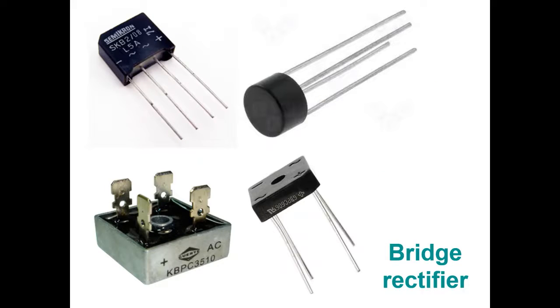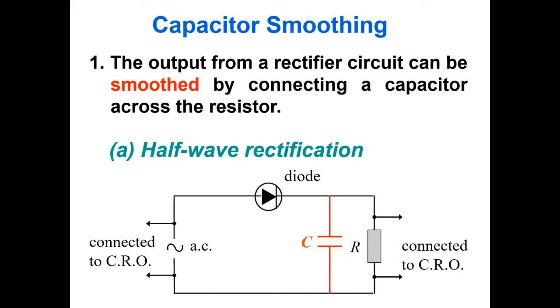These are diagrams of some bridge rectifiers, which have four terminals. Then finally, we look at capacitor smoothing. The output from the rectifier circuit can be smoothed by connecting a capacitor across the resistor. This is the half-wave rectification just now, where we use one diode.